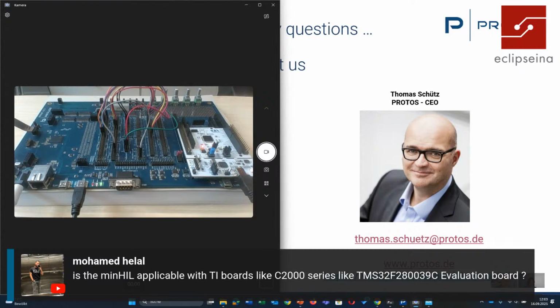If it's something you would do with an FPGA, maybe you need something a little different. You need an adapter here. So it depends on the signal quality you need to test your system. But up to 20-30 kilohertz, the signal quality is usually good enough to get away in the first step without an adapter. So I hope this answered the questions.